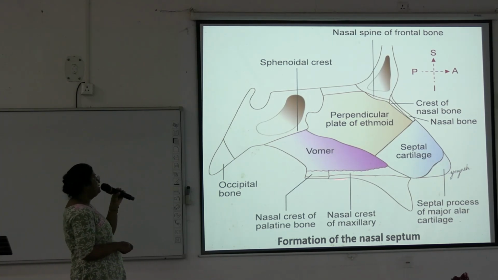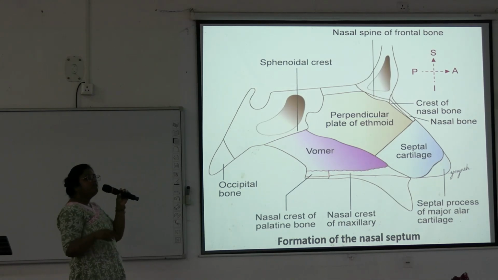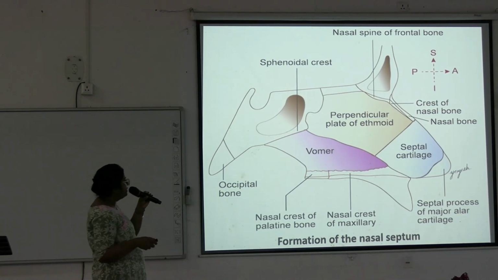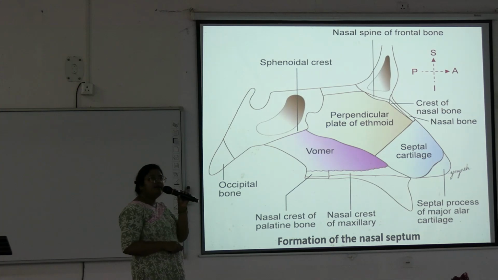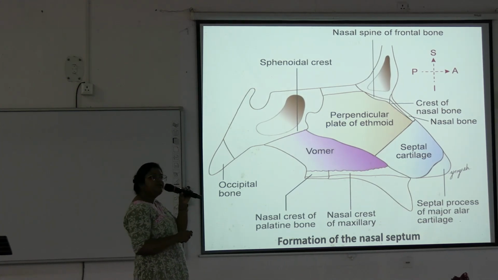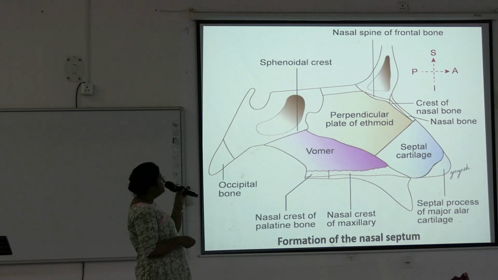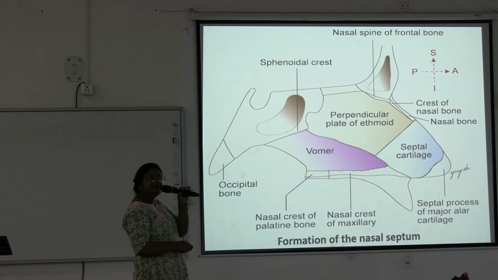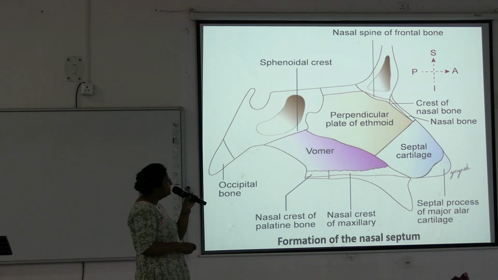And here is the nasal crest of the maxilla, formed by joining of the two horizontal plates of the maxilla. So, all these form the bony parts of the nasal septum, and the cartilaginous part is formed by these two structures, septal cartilage and medial crura of the major alar cartilage, forming the columellar septum.